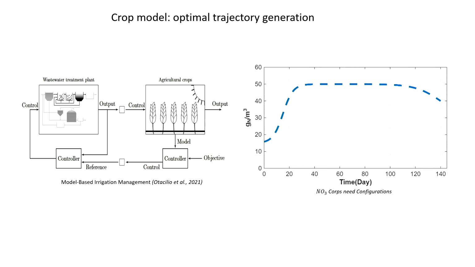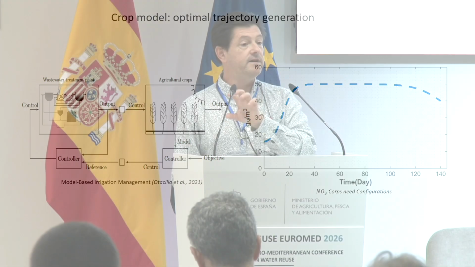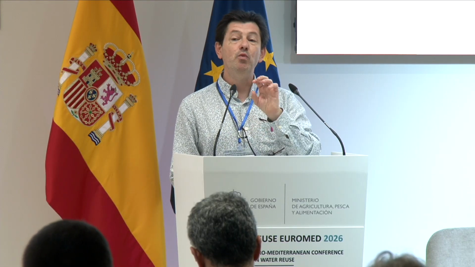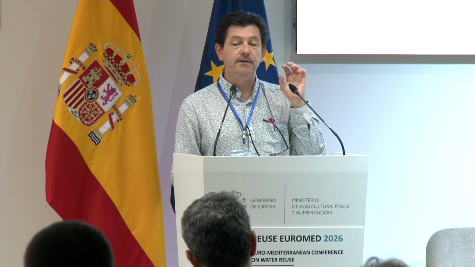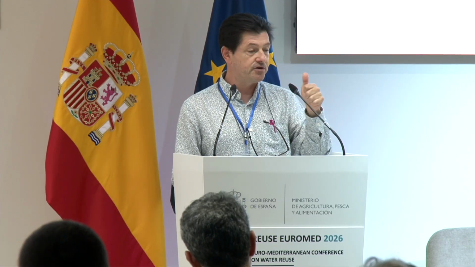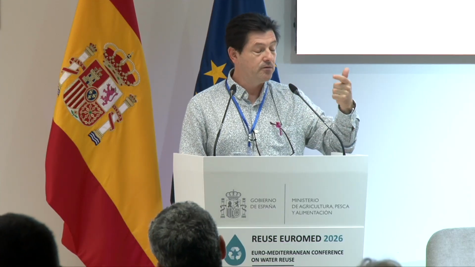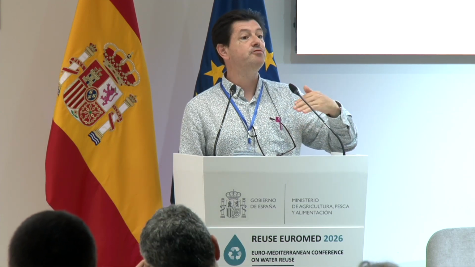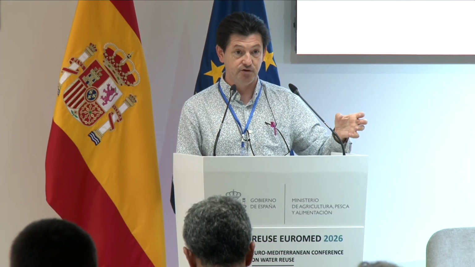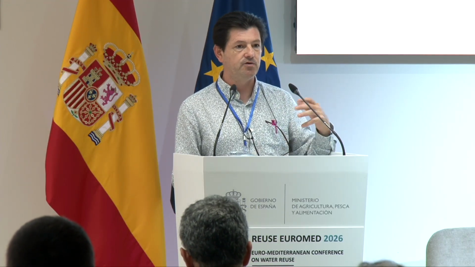In order to couple the use of this platform with the plant crop models, we used the model of crops in order to know exactly, over a given horizon period of time, what was the best trajectory in terms of nitrogen concentration to be given to the plant, not only water quantities, but water and nitrogen over time, in order to maximize the biomass produced, or alternatively, for example, to guarantee a minimum revenue for the farmer.